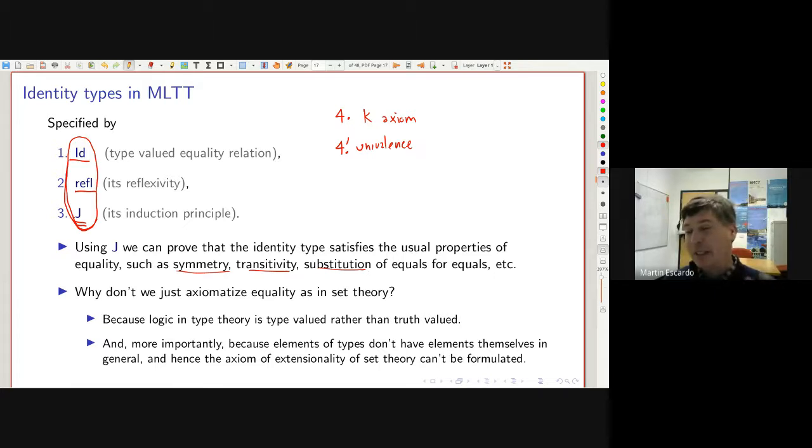The K axiom says that there is at most one identification between two elements. So essentially, the K axiom says that equality is truth valued. So it's either true or it isn't, intuitively. Of course, this uses a kind of classical logic, but the K axiom and both axioms 4 and 4 prime are compatible with these 3 axioms.